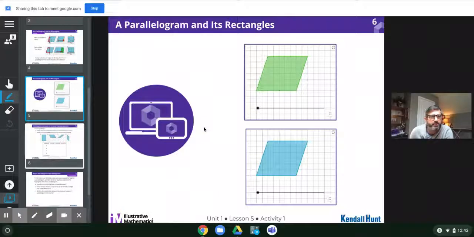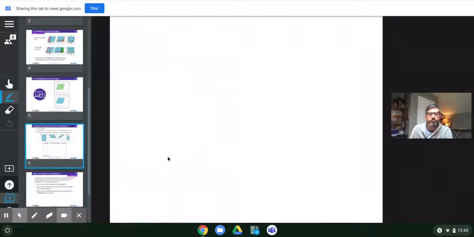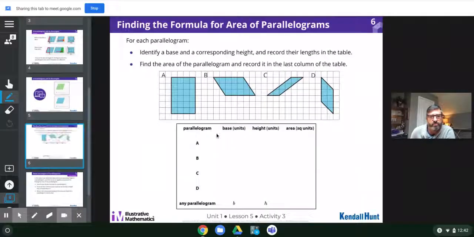So let's take a look at a few examples. All right, we're going to identify a base and a corresponding height and then record their lengths in the table. And then we're going to find the area of the parallelogram and record it in the last column of the table.